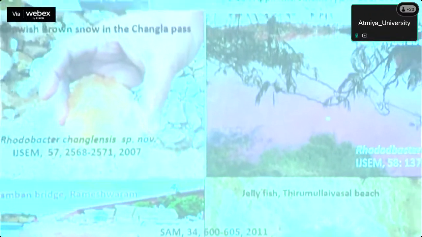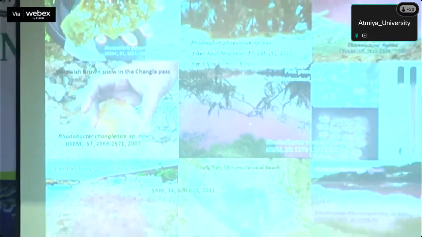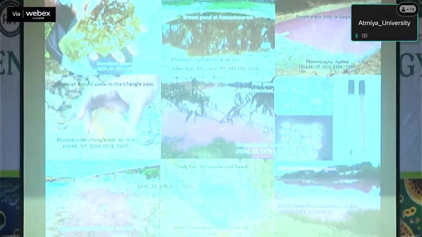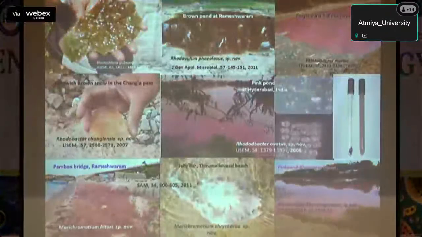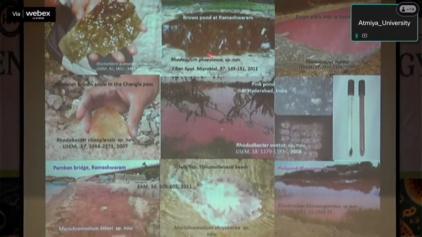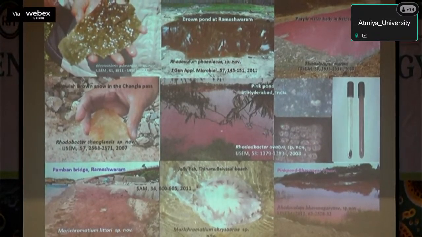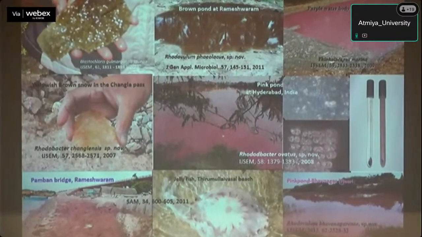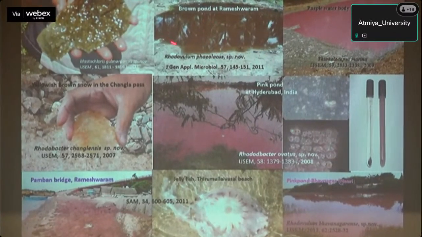And then these are the various places from which we have isolated bacteria, all colors. You can see this is a cold sulfur spring in Gulmarg. The water was coming out there, and this color attracts. And this is a brown pond near Rameshwaram, and you can see the coconut trees and the reflection.